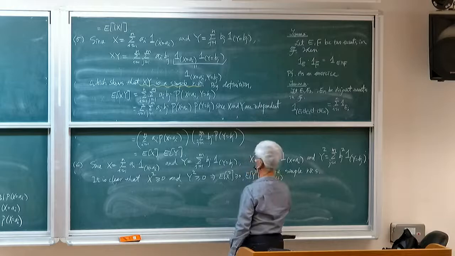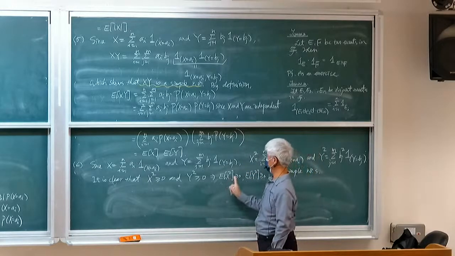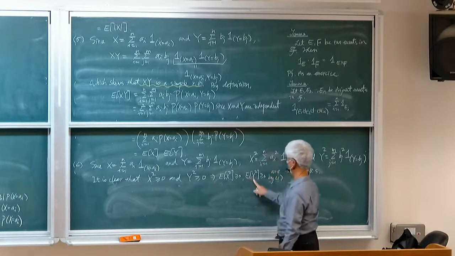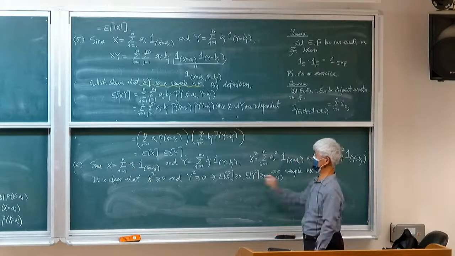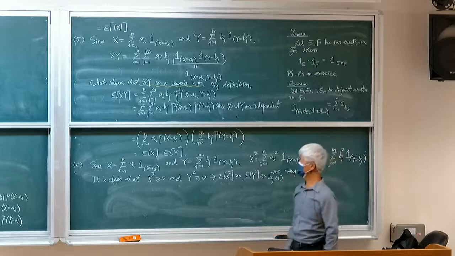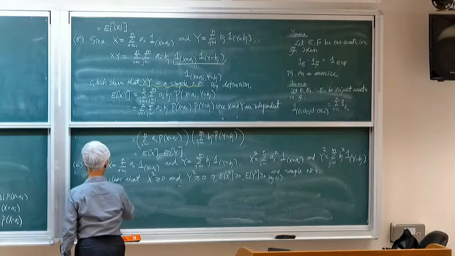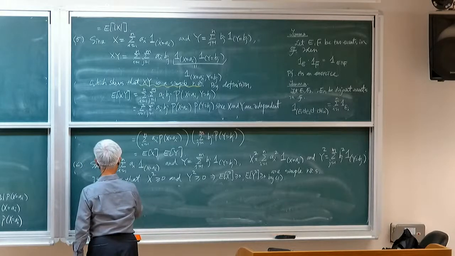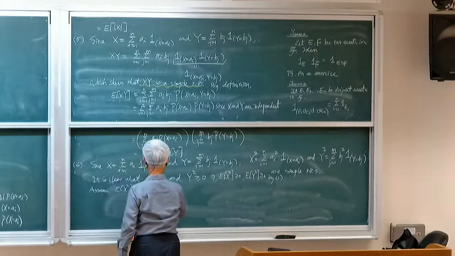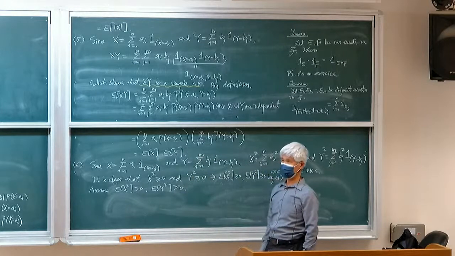By the first property, we know immediately that the expectation of the square of x and the expectation of the square of y are non-negative. This is immediate by property 1. Now we first assume that both are greater than 0.